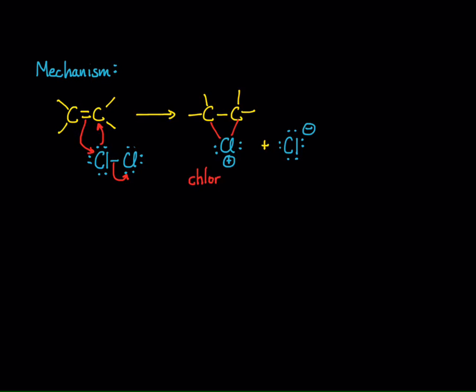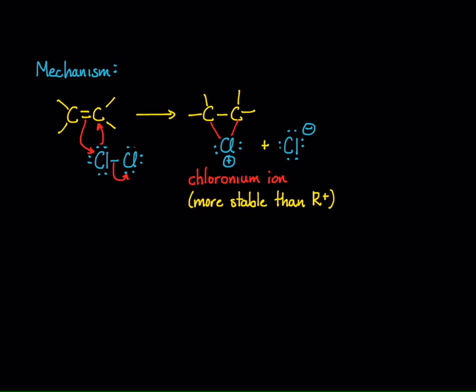This is called a chloronium ion. Chlorine has a bond to each carbon, it has two non-bonding pairs of electrons, and it has a positive charge. That chloronium ion is going to be more stable than any carbocation. Why? Because all of the atoms have an octet of electrons around them.